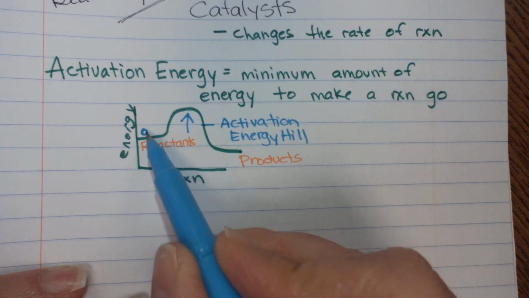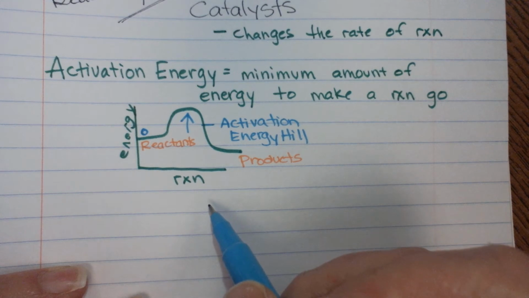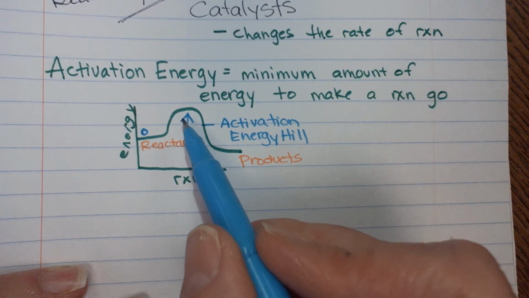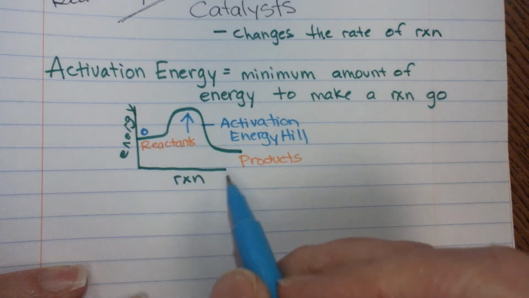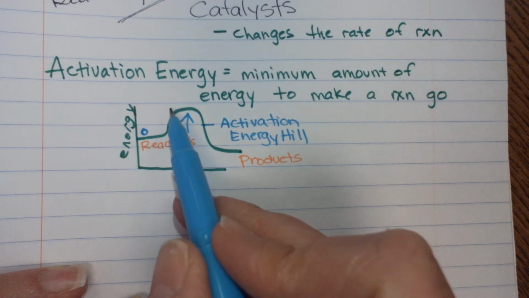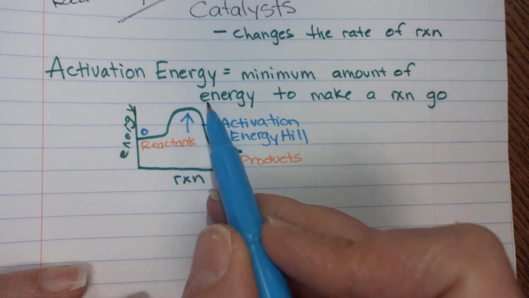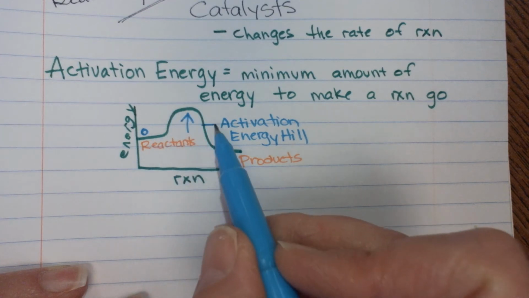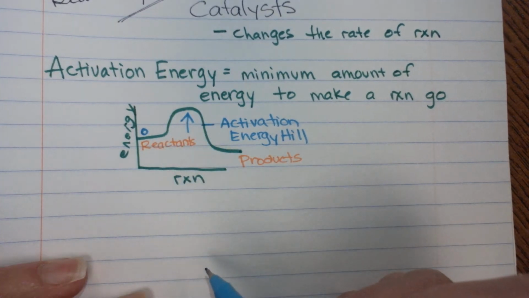Is it harder to hit the ball over a hill than to hit it in a straight line? Yeah, that's one of the parts of mini golf that makes it fun, because you have to figure out how exactly you are going to meet all these obstacles. And so this activation energy hill is what's getting the reactants to the products. We need this much energy to make it happen.